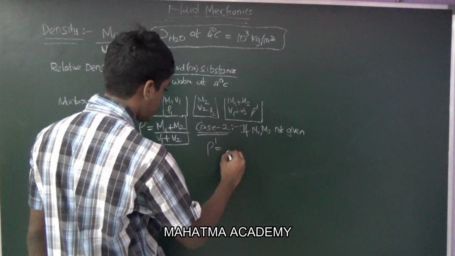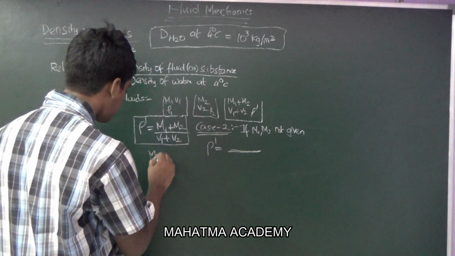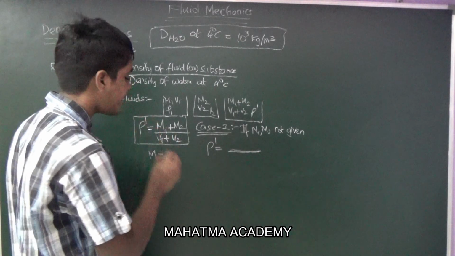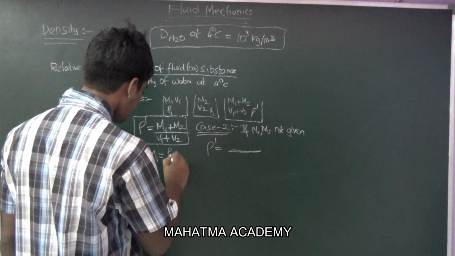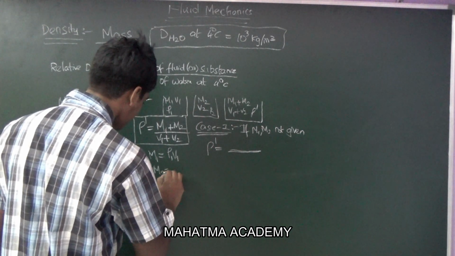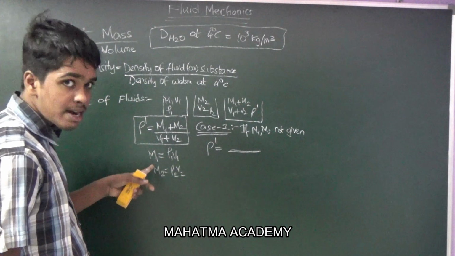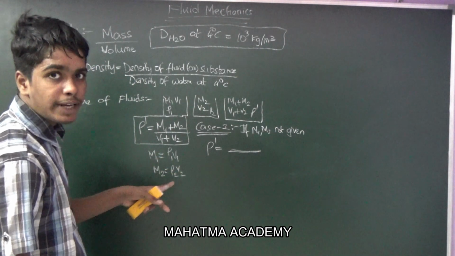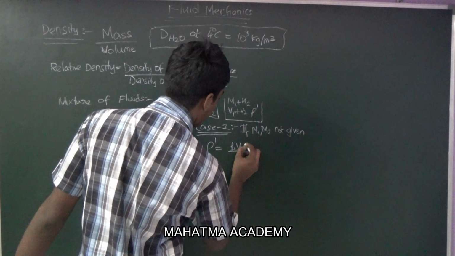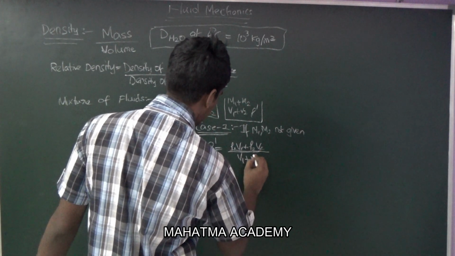Now as you know, M1 is equal to ρ1 into V1, and M2 is equal to ρ2 into V2. In the place of M1 we can place ρ1 V1, and in the place of M2 we can place ρ2 V2. Now we are going to substitute here: ρ1 V1 plus ρ2 V2 upon V1 plus V2.